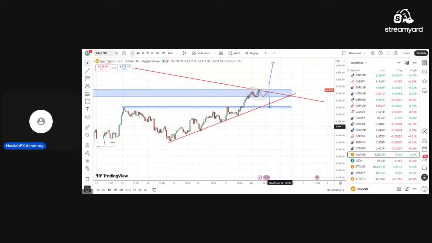So again, as I recap on gold, price may break out to the downside if this pattern is formed, or if price breaks out generally out of that range box, we may expect a bearish movement to this previous resistance turned support, or price may outrightly break out to the upside because of a weak dollar. Any of it is possible. So just watch out for those two setups on gold for today.